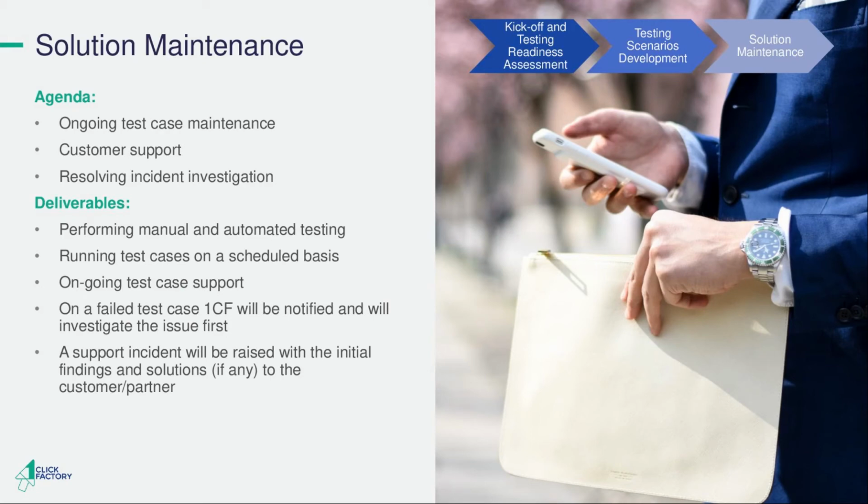So we'll discuss the solution, and we will implement the final fix for the issue that has arisen in the code. Now, if it's a Microsoft bug, then we, on your behalf, will report this issue to Microsoft. And of course, that will stop the automatic update from happening to production and from breaking the customer system. Right, so that is the solution maintenance service.